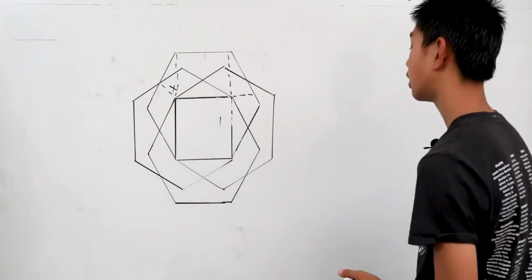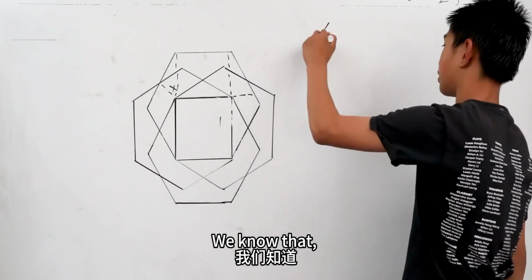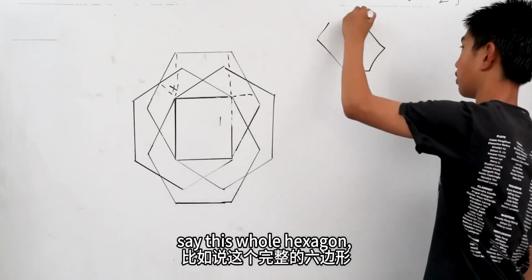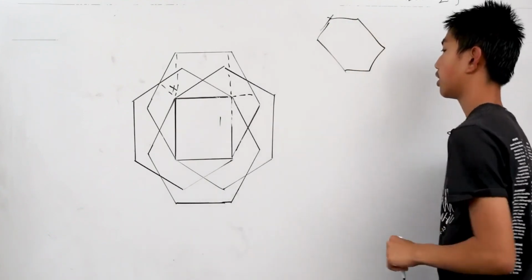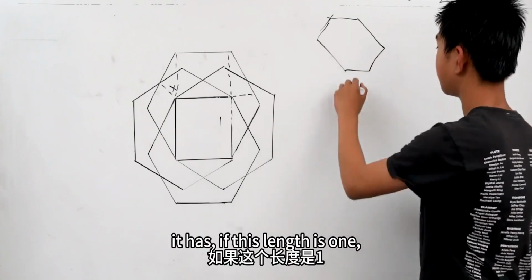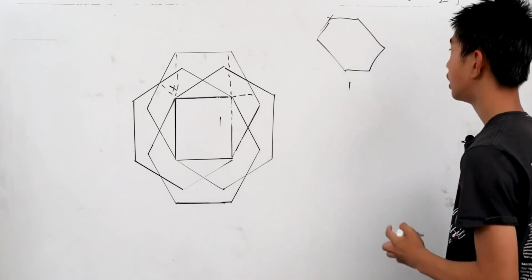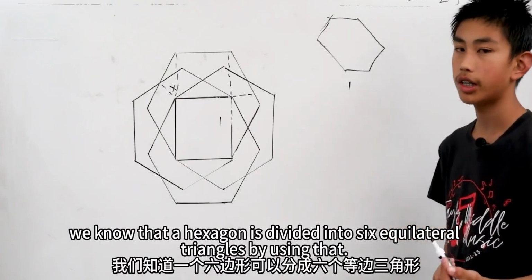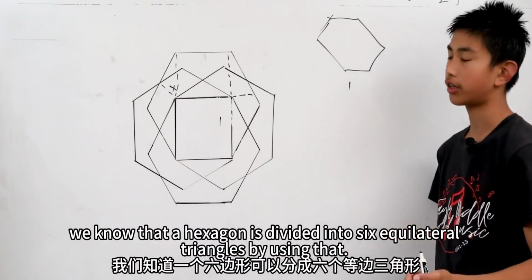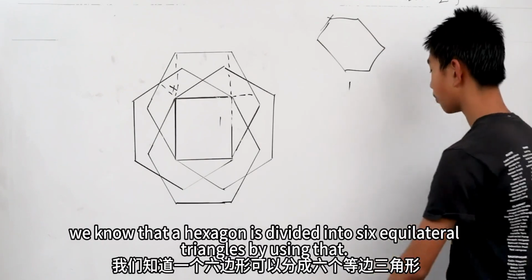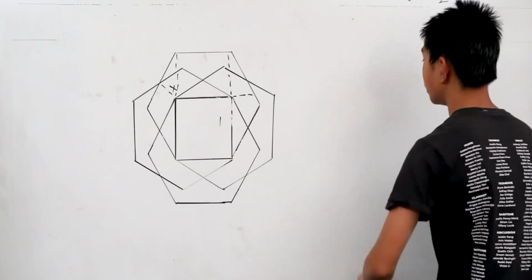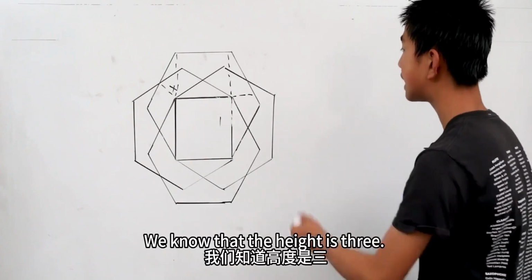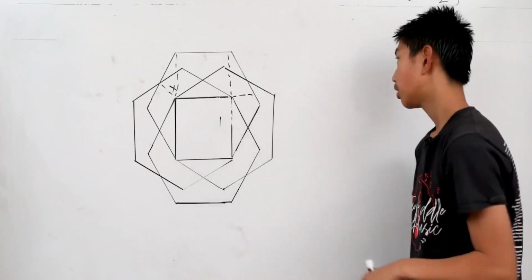If this length is 1, we know that a hexagon is divided into 6 equilateral triangles.